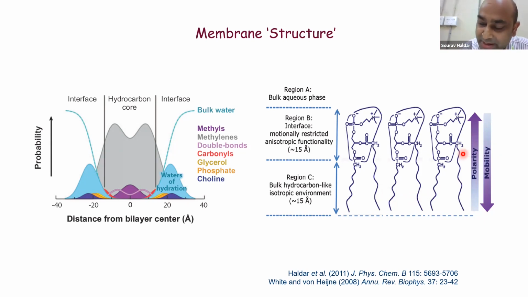So the membrane protein composition should be such that they are compatible with this polarity gradient, right? All the hydrophobic amino acids have to be placed in the interior of the membrane, whereas the polar amino acids or the charged amino acids should be in the membrane interfacial region. So when there are mutations and this organization is not maintained, the functionality of those membrane proteins is severely hampered.